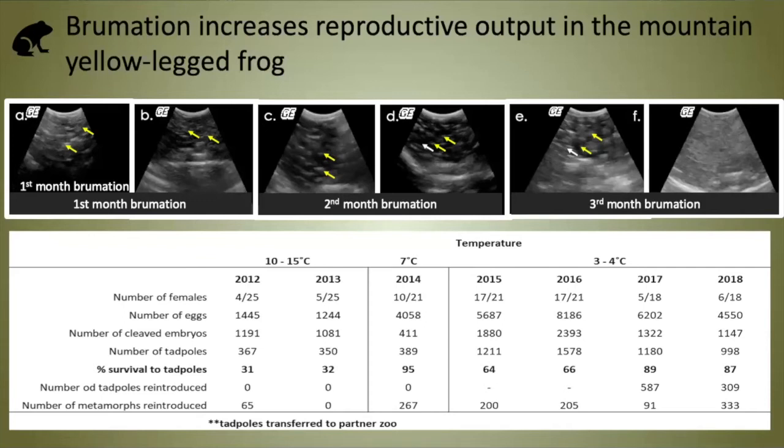I just want to note that even though in this slide you can see these images characterized through the first, second, and third month of brumation, females within the species will vary largely as to what stage of ovarian development they're in when they come out of brumation, and I'll talk about that in a minute.